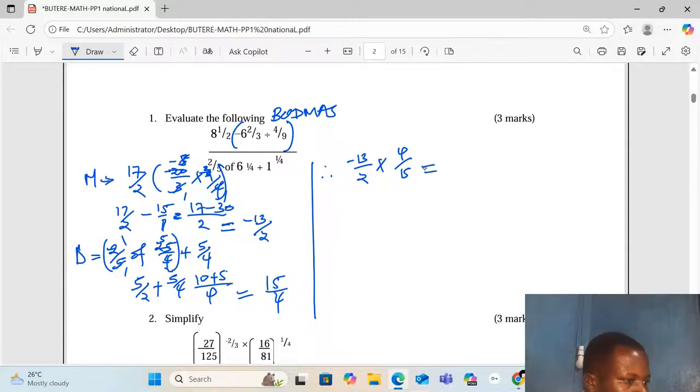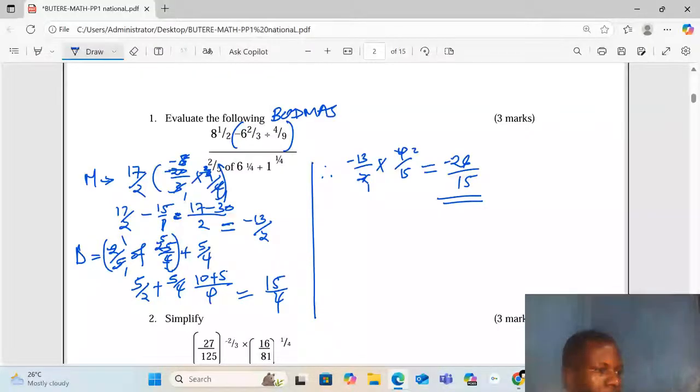And we cancel 2 and 4, and we get negative 26 over 15. So this is now our answer for number 1.